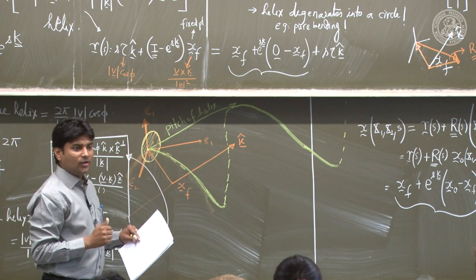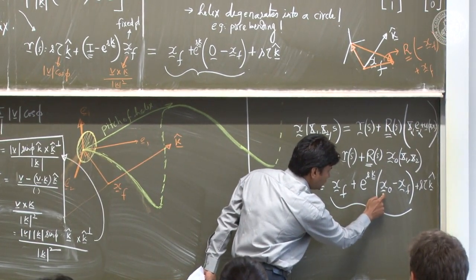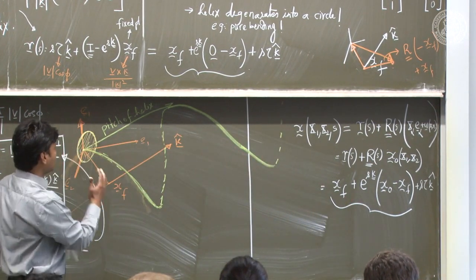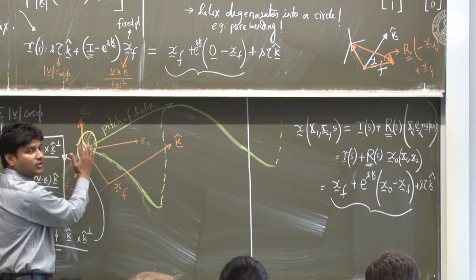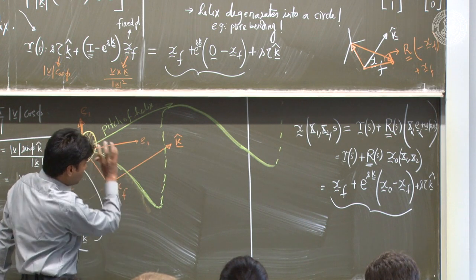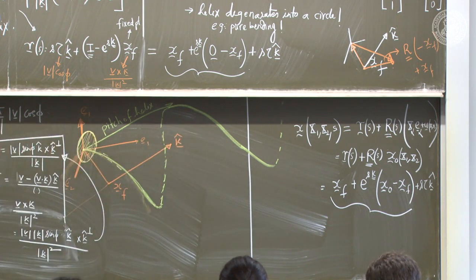So by only knowing this little x naught, the shape of the cross section at s equal to 0, you can use that map to generate the whole rod, isn't it?